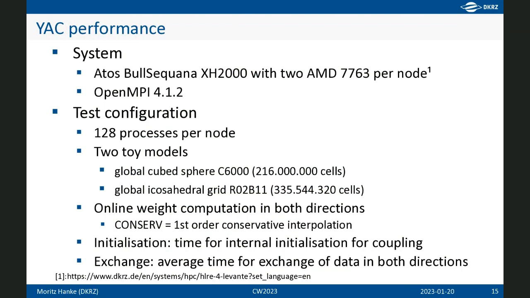There I used 128 processes per node. I had 2 toy models equally distributed among the nodes. One toy model used a cubed sphere with around 200 million cells, and the other used an icosahedral grid with around 300 million cells. I configured YAC to generate conservative first order weights for both directions.